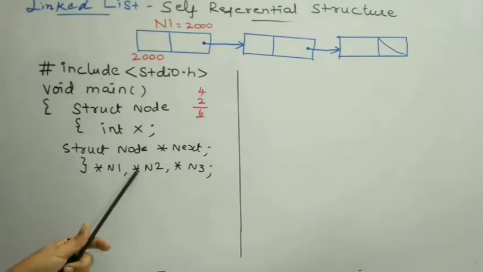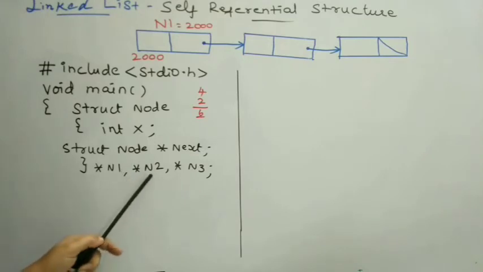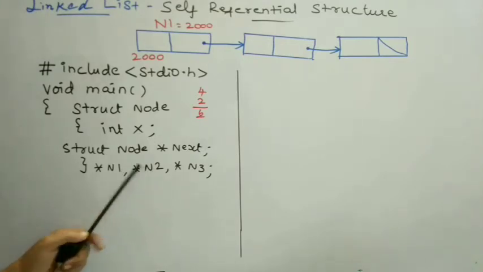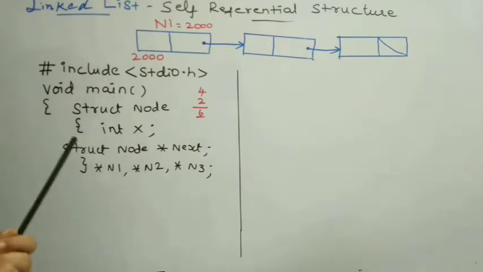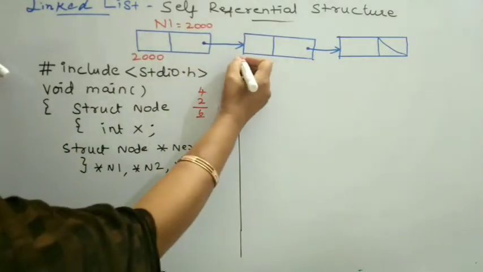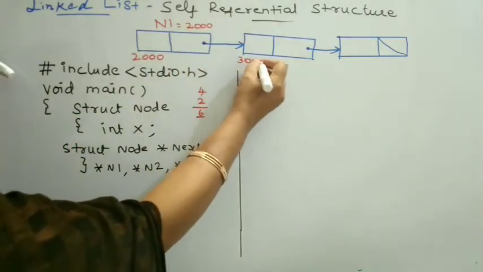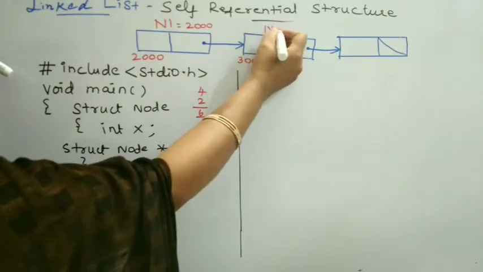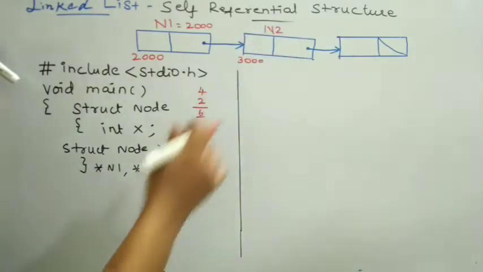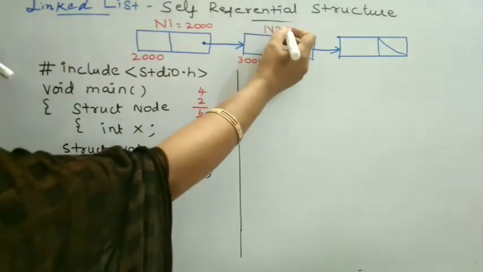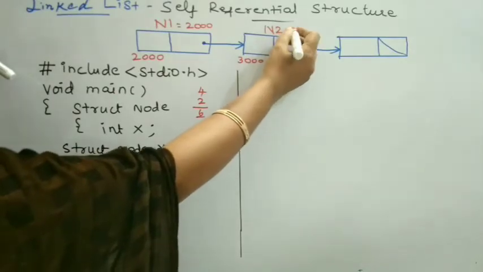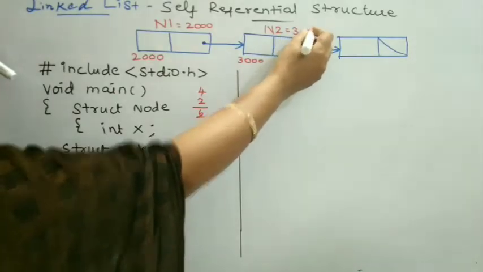When the compiler compiles the declaration for the second pointer variable n2, it reserves consecutive 6 bytes of memory, consider starting from memory address 3000. This is reserved for this node n2, and the starting memory address will be assigned to n2.